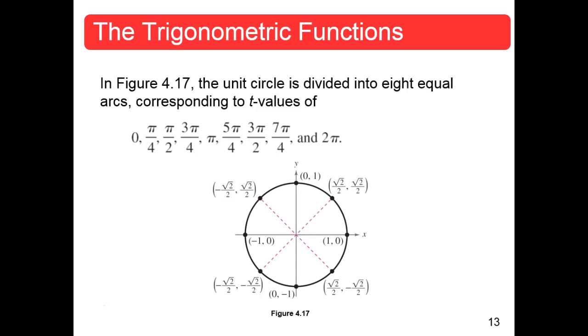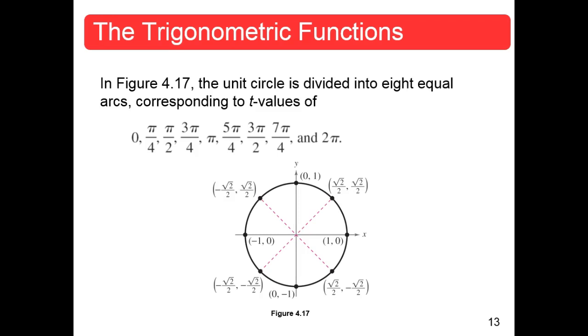That's going to be the arc around that. And halfway around would be pi. A quarter way around would be pi halves. And an eighth of the way around would be pi fourths. So this is pi fourths. So here's 0, pi fourths, pi halves, 3/4 pi, pi, 5/4 pi, 3 halves pi, 7/4 pi, and 2 pi.